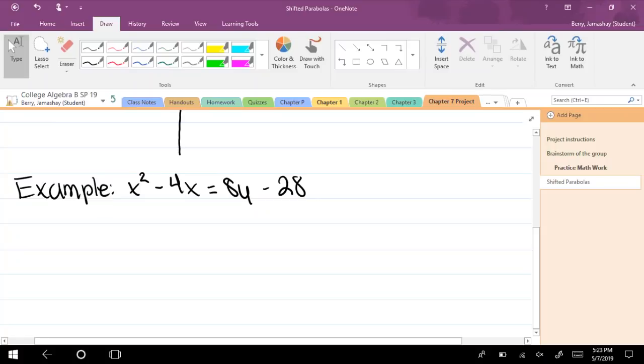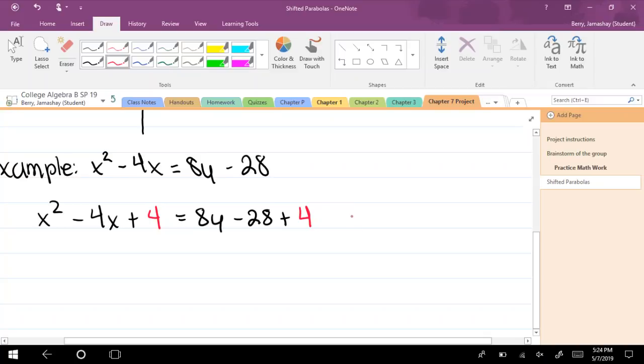So you would do x squared minus 4x plus the 4, because of the complete the square, is equal to 8y minus 28 plus 4, because you want it on both sides. And this is because of the complete the square.